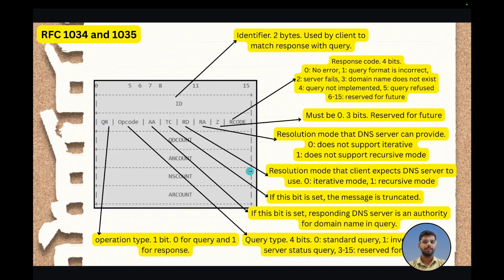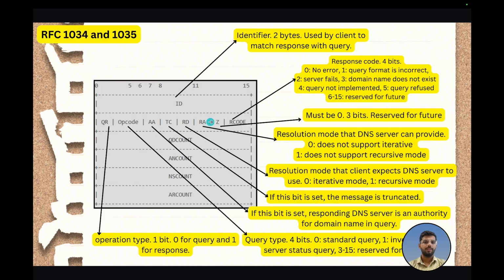TC: if this bit is set, the message is truncated. RD means the resolution mode that the client expects the DNS server to use. If you remember the earlier video, we saw the iterative mode and recursive mode. 0 means iterative mode, and if the value is 1, it means recursive mode.